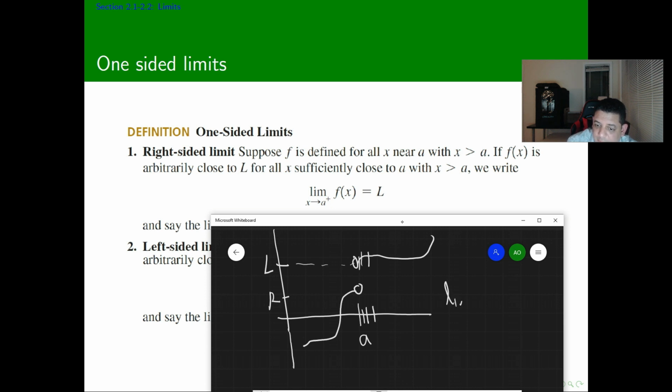So we can say the limit when x goes to A by the right side of the function is L. Probably you can guess by now that if we do the same thing by the left side, taking points here, then we're getting closer and closer to this number R. And so the limit when x goes to A from the left is R.